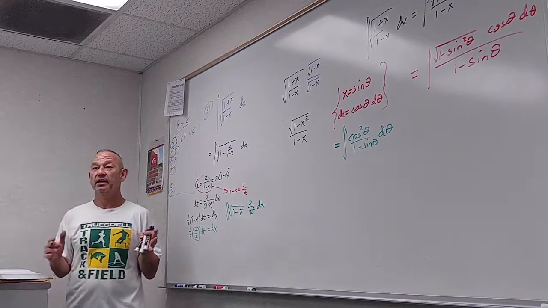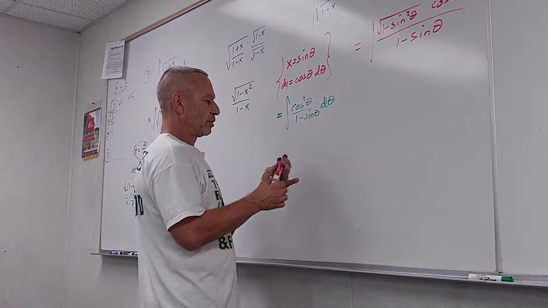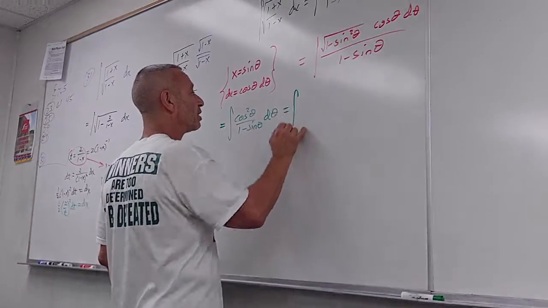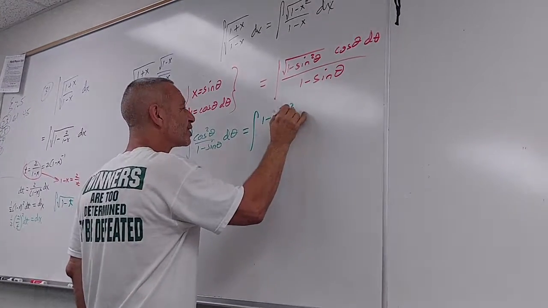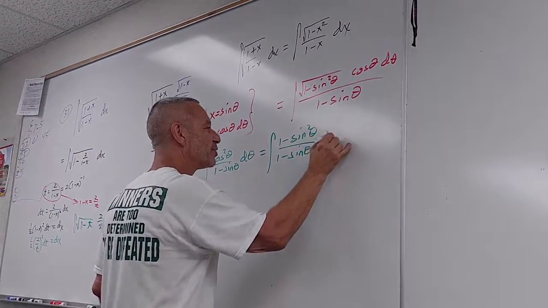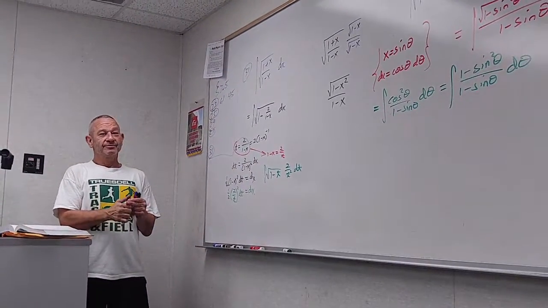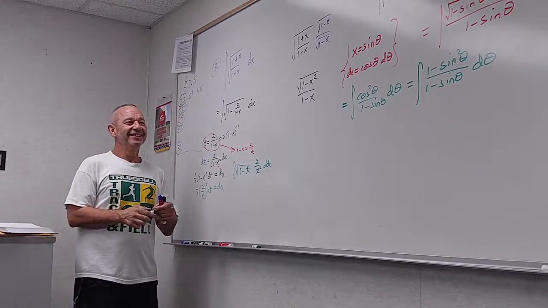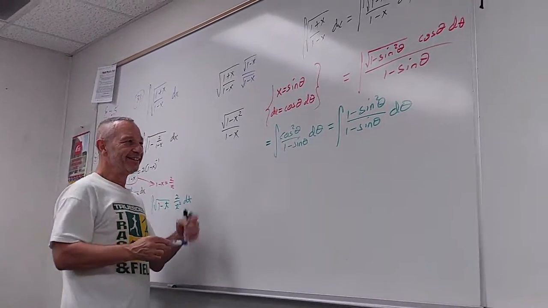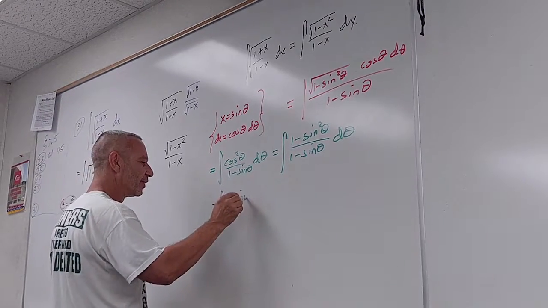We've got it. Cosine squared is 1 minus sine squared. Now wait! Slow down. I'm an old man. I've got to do things slow, which sometimes comes in handy. So yes, the numerator is the difference of squares.